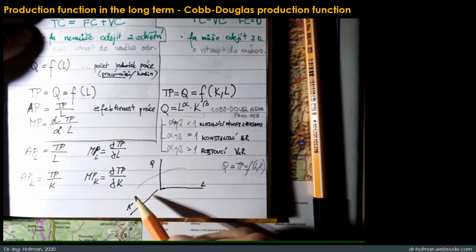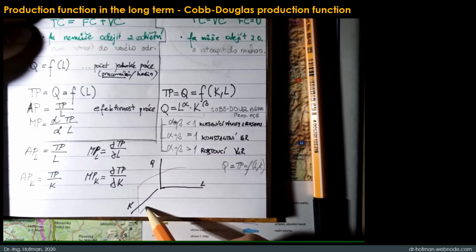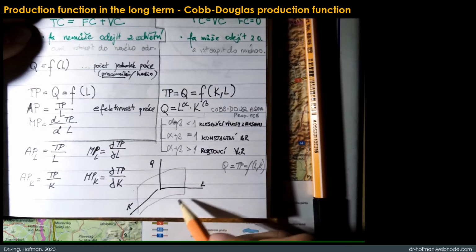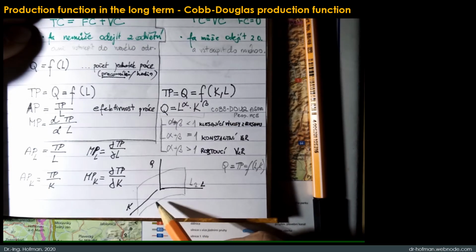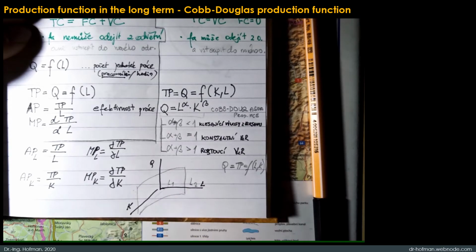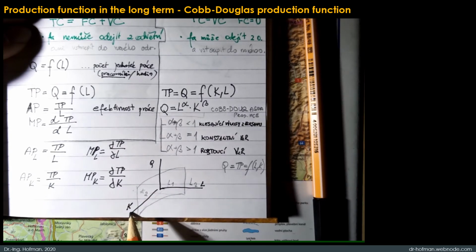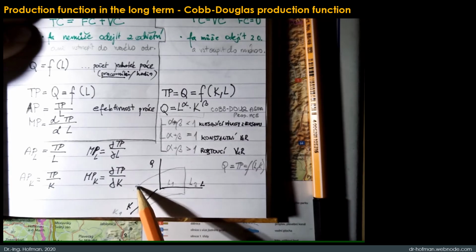Here you can see the concrete three-dimensional graph with the points L2 and L1 for labor, and for them also the respective points K1 and K2 for capital.